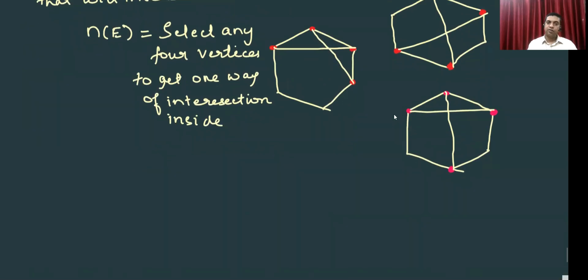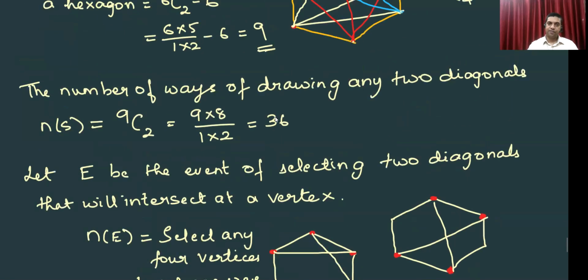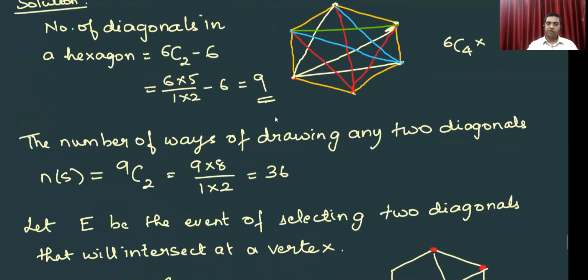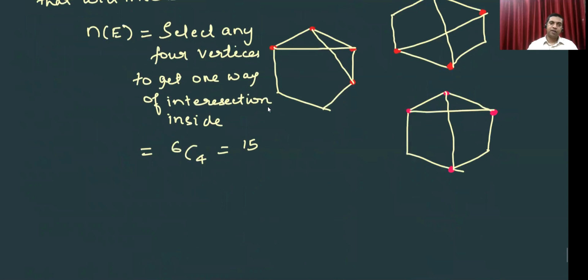From 6 you select 4, so you get 15. 6C4 is 15. 6C4 is the same as 6C2, so it is 15.